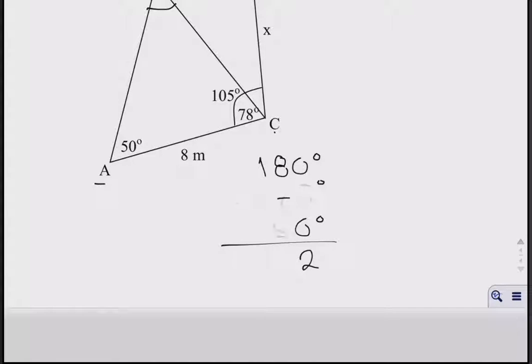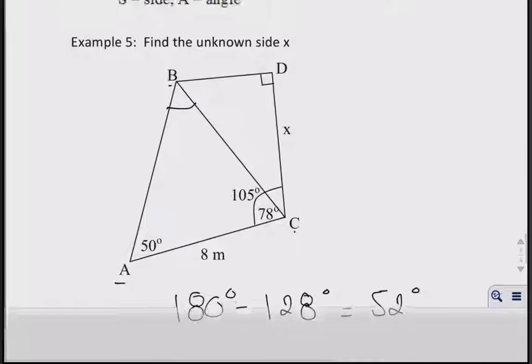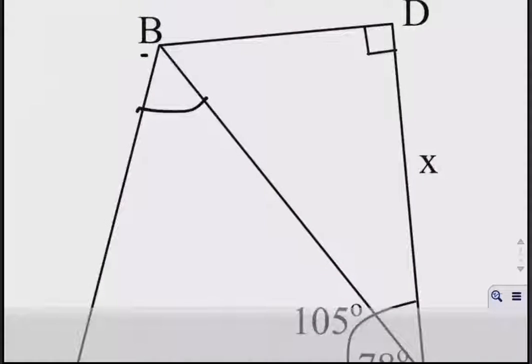No. Let me do that again. I'll add the 78 and 50 together first. That'll give me 128 degrees. I'll subtract that from 180 degrees to give me 52 degrees. So my angle B is 52.